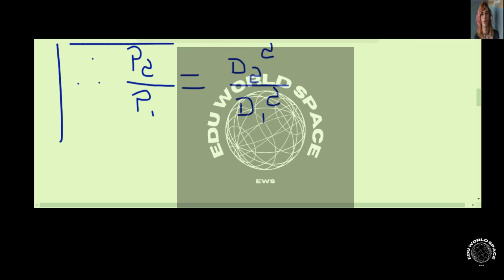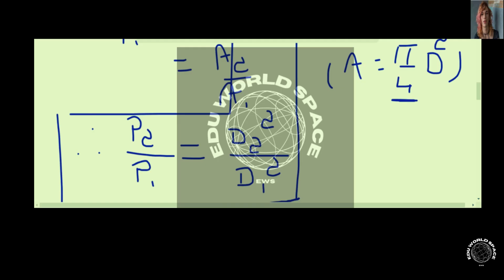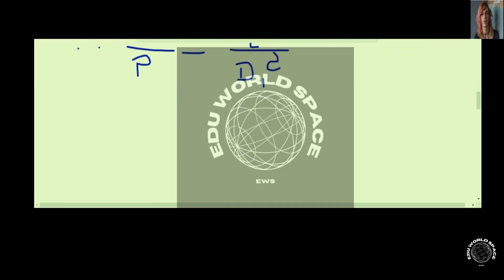Okay, now let's substitute all the values in this equation. So finally we will get the answer of diameter 2. Let me rewrite this formula in the form of d2. So my d2 will be equal to square root of P2 upon P1 times d1.